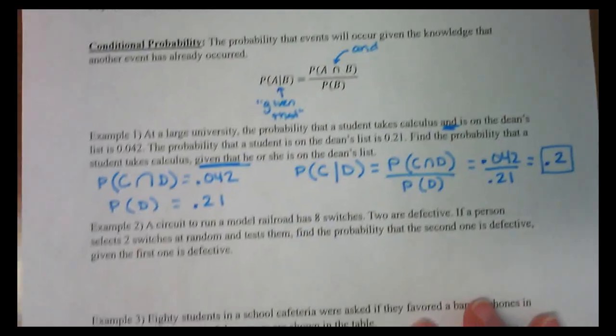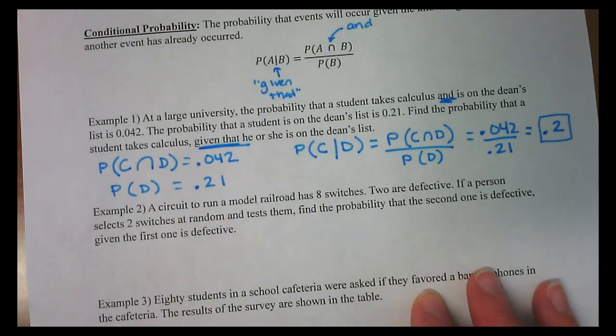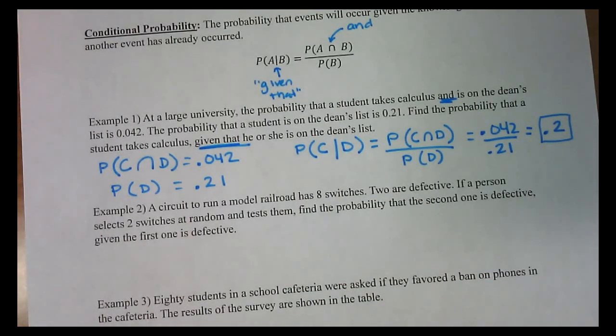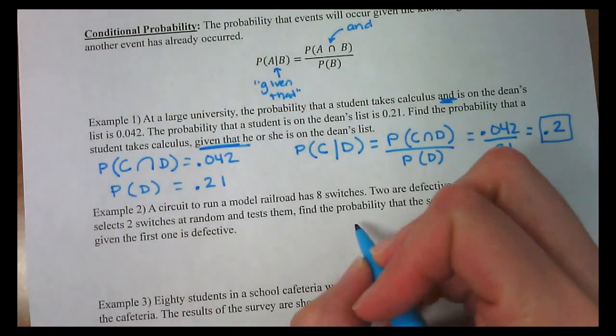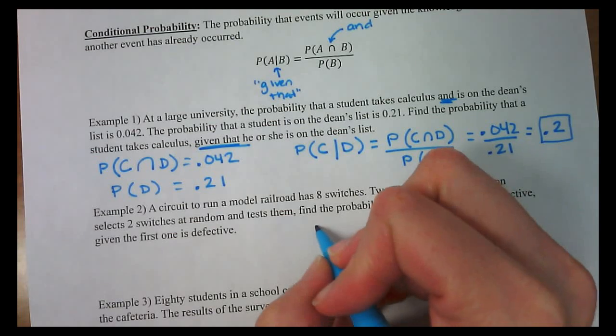Okay, the next one, it says a circuit to run model railroads has 8 switches. 2 are defective. If a person selects 2 switches at random and tests them, find the probability that the second one is defective, given that the first one is defective.